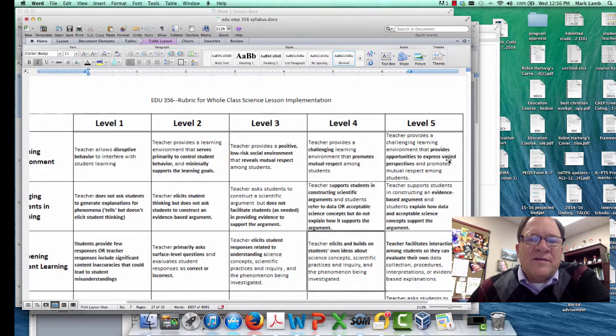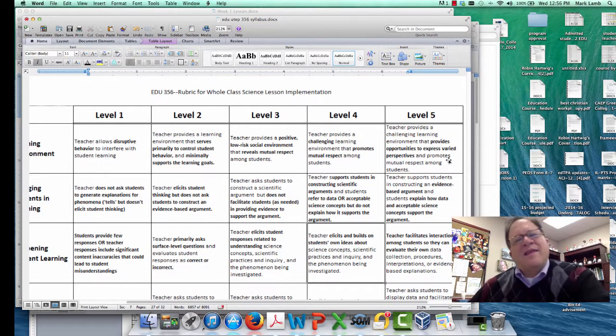Again, please let me stress that this is the EdTPA rubric, and EdTPA is intentionally developed such that the good quality teacher candidate will score consistently at level 3.